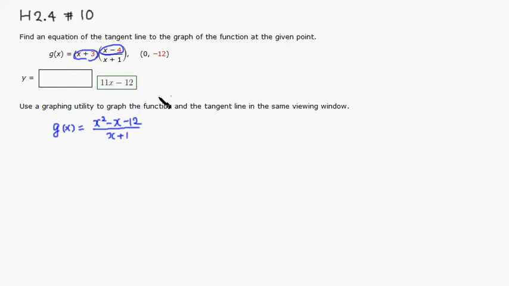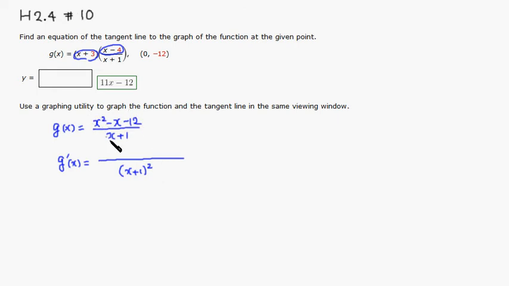Then we can apply the quotient rule. If you take the derivative of that, we will get the square of the denominator, so the quantity x plus 1 squared.